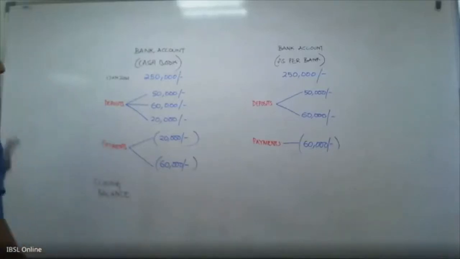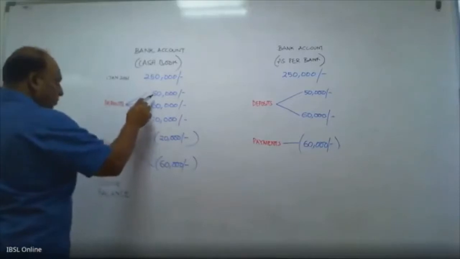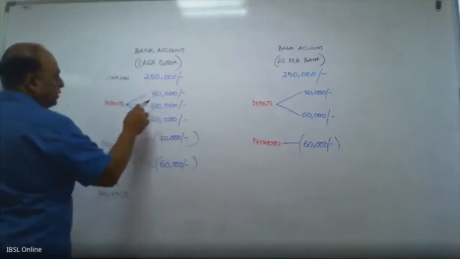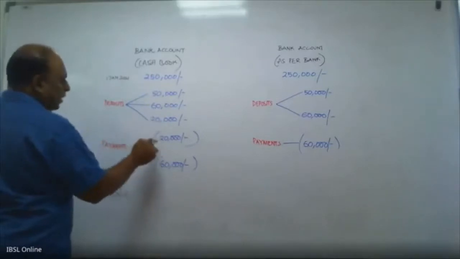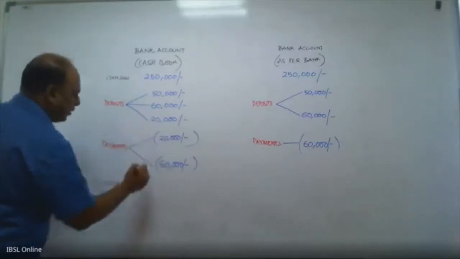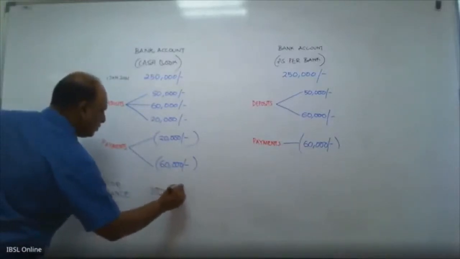Closing balance here. So 250, 300, 360, 380. Again, you will deduct an 80, so it becomes 300,000.